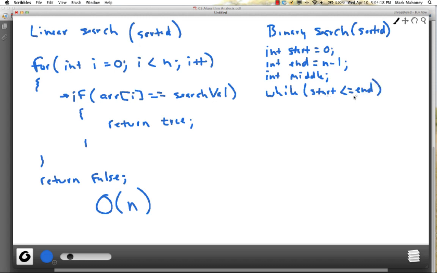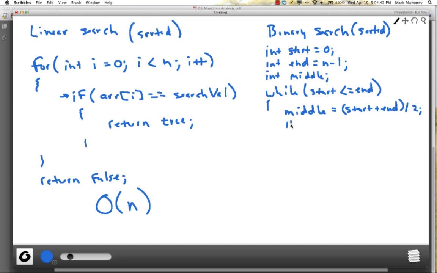Okay, while the start is less than or equal to the end, we'll pick a middle value by summing start and end, dividing by 2. So middle will always be the value directly in the middle of start and end.